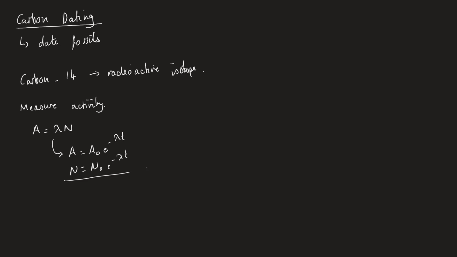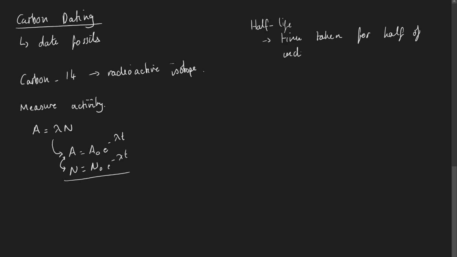And we can even say that if we have this relationship between activity and the number of nuclei, where they're proportional to each other, and the half-life, as we defined it, is the time taken for half of the undecayed nuclei to decay, then if the number of nuclei is halving, and the number of nuclei is proportional to the activity, that must also mean that the activity is halving.